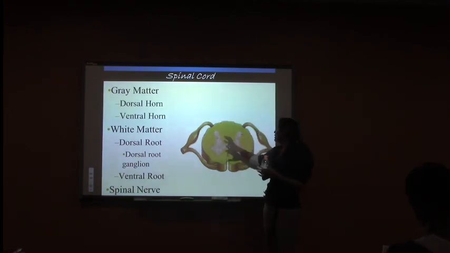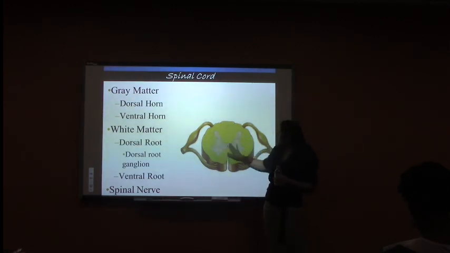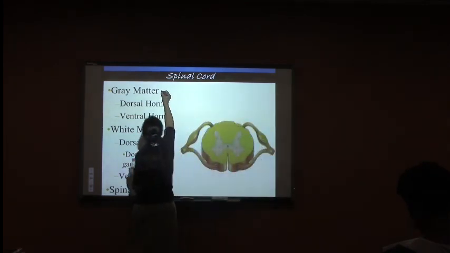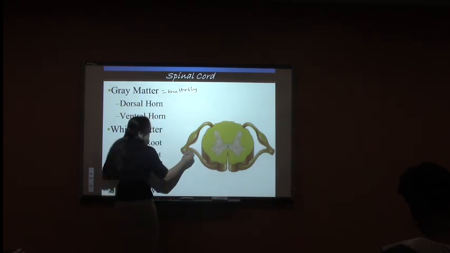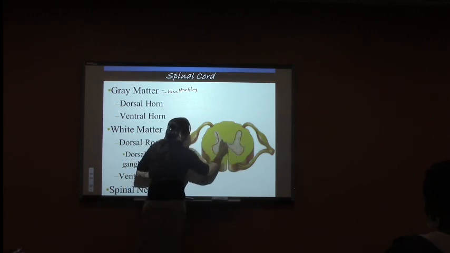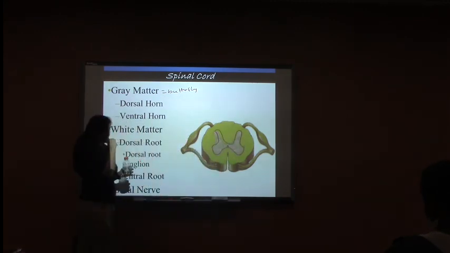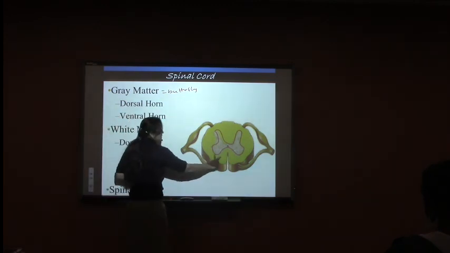Now, let's look at the cross section because you distinctly see different areas. When you look at the spinal cord, you see two distinct areas. You see the gray matter, and the gray matter looks like a butterfly. The rest of it is white matter.